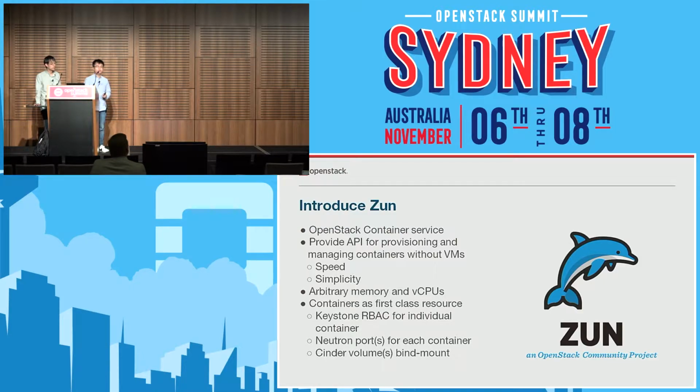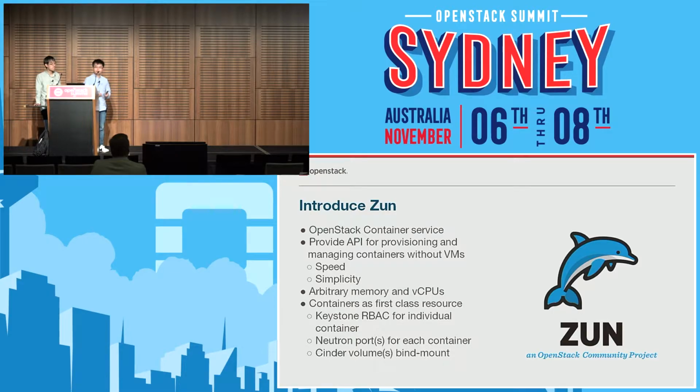And this is different from Nova, where you need to choose from a set of flavors that are already defined. And finally, in Zun, we treat the container as a first-class resource. So as a result, you can use Keystone to provide role-based access control at the level of individual containers.